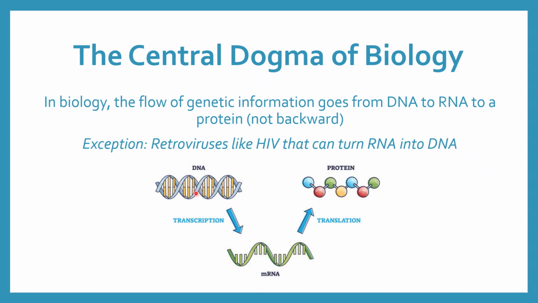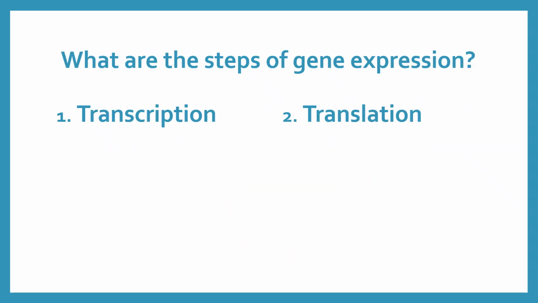The DNA is what codes for the protein. Now, there is one exception, and that is retroviruses, something like HIV. It can't go from a protein back to DNA, but it can go from RNA and convert back and forth between DNA and RNA. So it can go backwards only in this direction, not from the protein direction.